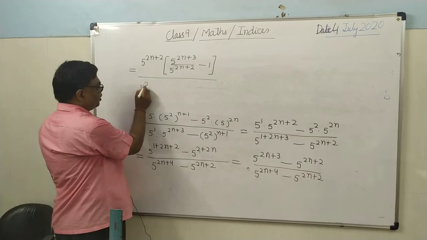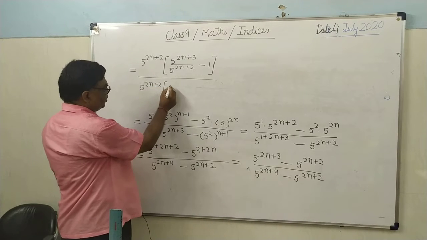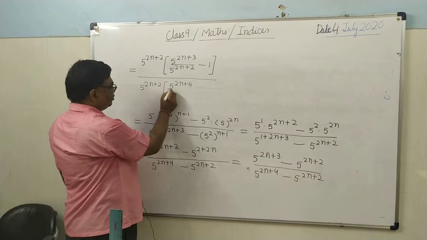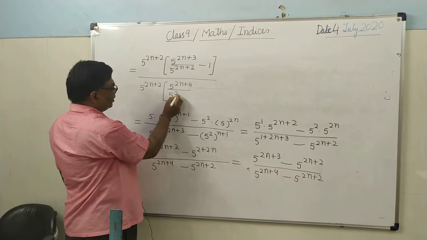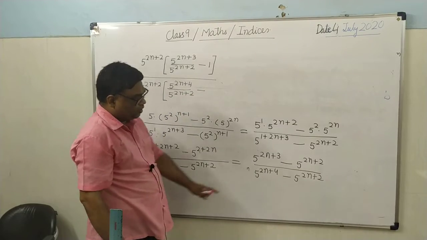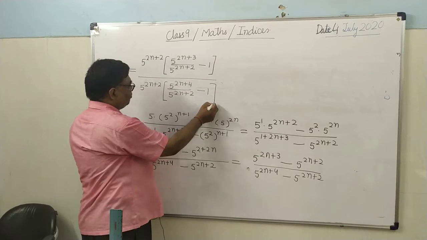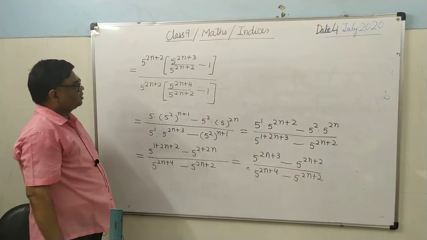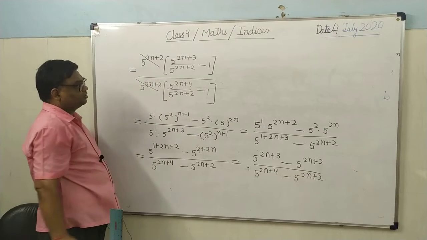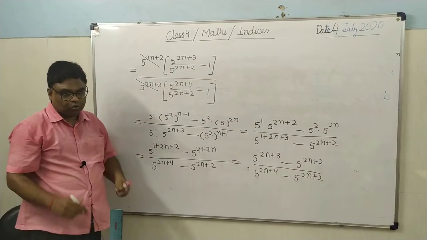It is 2n plus 2. When you take out common, what will be? Whatever you take common, we divide by it inside the bracket. Here when you divide by 5 to the power 2n plus 2, it will come out 1. So I am writing directly 1. It's clear? Now you can see here, this can be cancelled by this. Now first you simplify here by applying which rule?